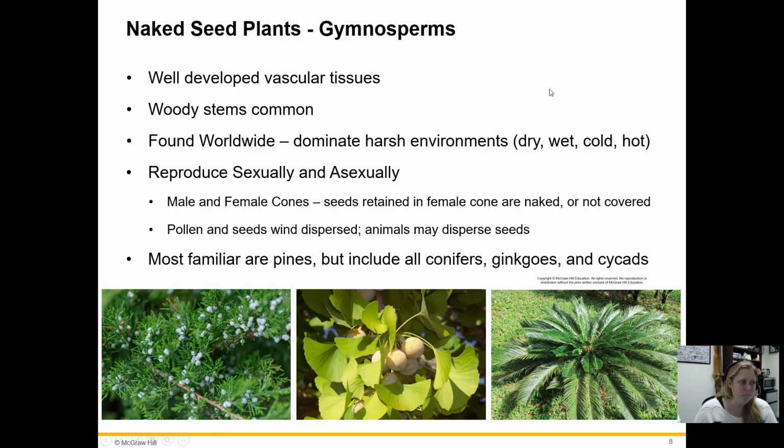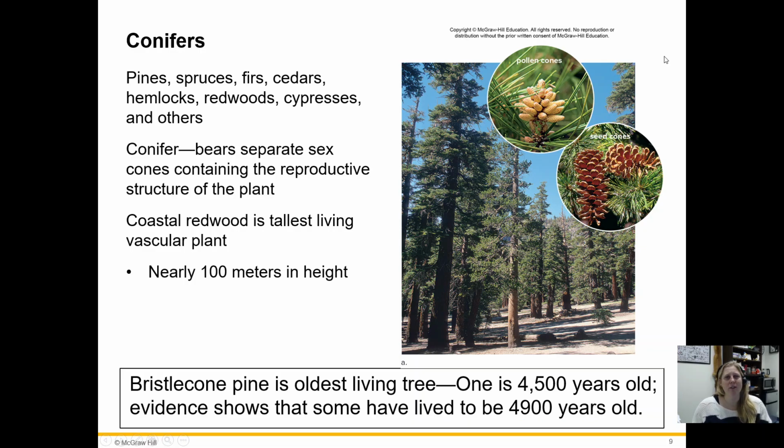Okay. When we look at our conifers, which is the group we're most familiar with here in North Carolina, if you've been around in mid-March and your car is yellow, a lot of people blame the pines, which are responsible, but it's also the oaks, the maples, and the birches at that time as well. But if you look at the ends of the branches, you'll often see these yellow clusters of structures.